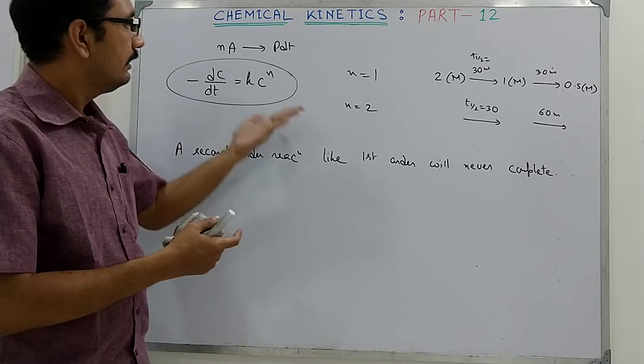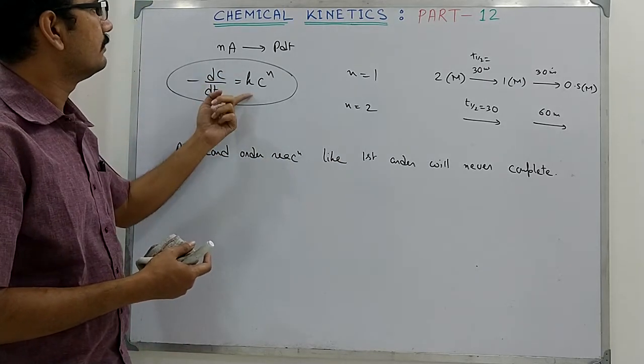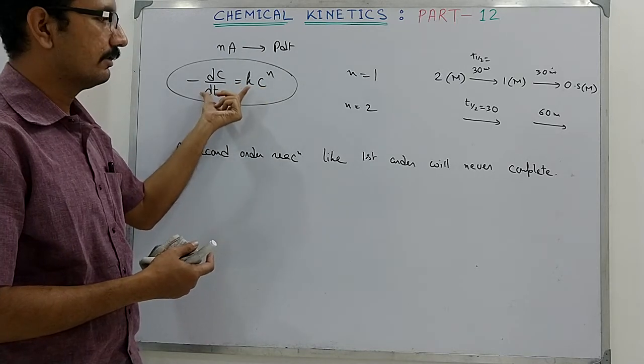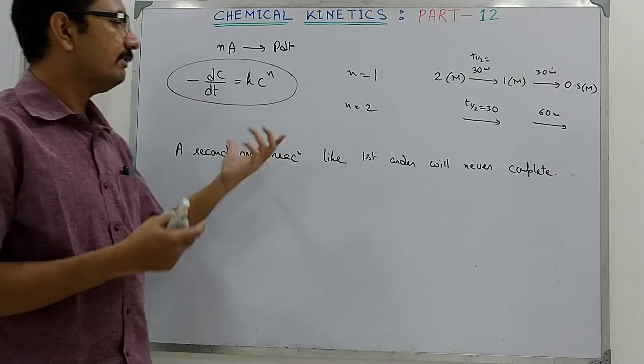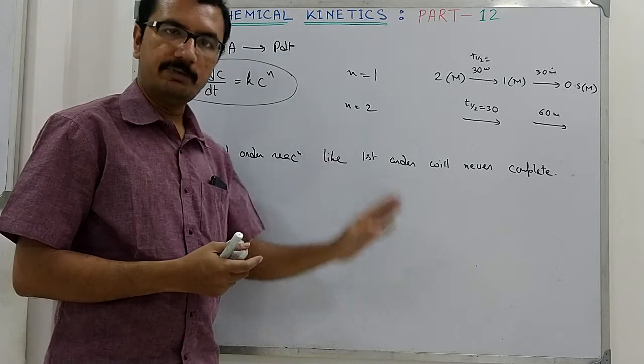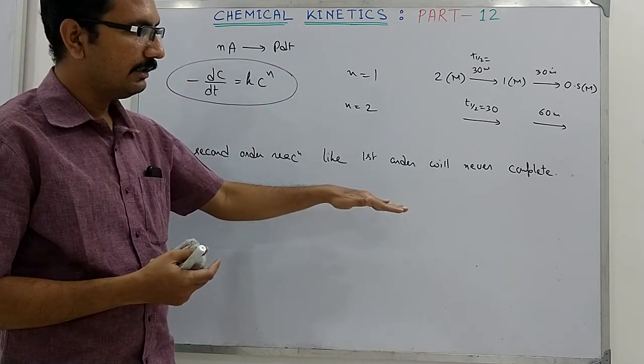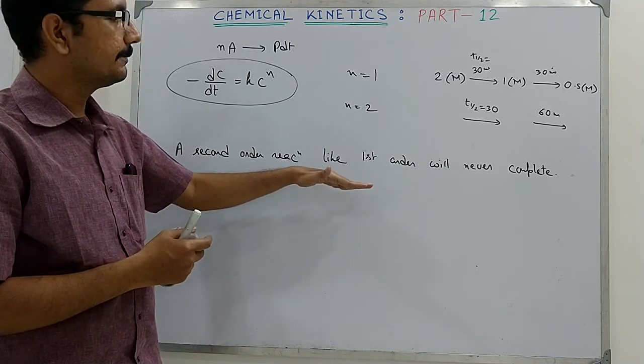But in reality, there is a disturbance of this rate equation, and the disturbance is not given as input in this equation. So in reality the reaction will complete, but in theory we get that it will never complete. Do you understand what I am telling?